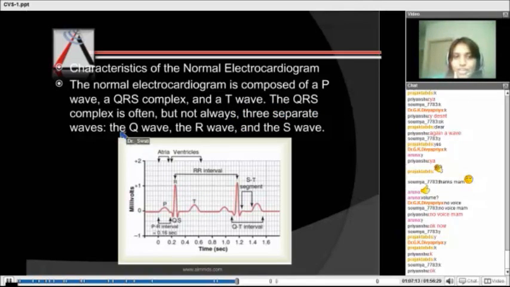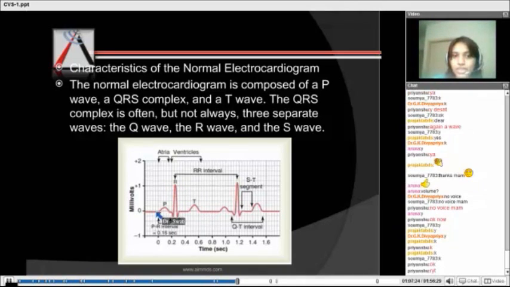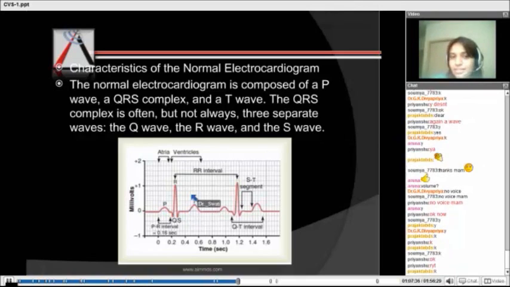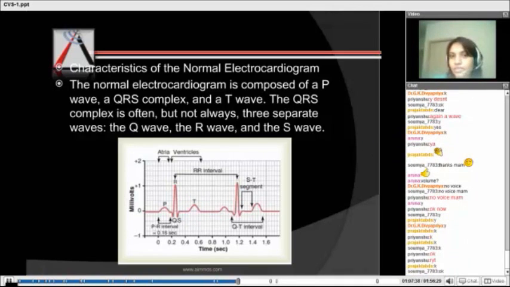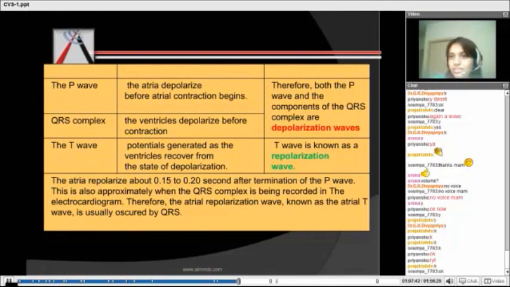The QRS complex is actually three waves: a Q wave, an R wave, and an S wave. So actually there is P wave, Q wave, R wave, S wave, and T wave. What you need to remember is P wave, QRS, and T wave. With this information right now, we'll go ahead and see more about it.